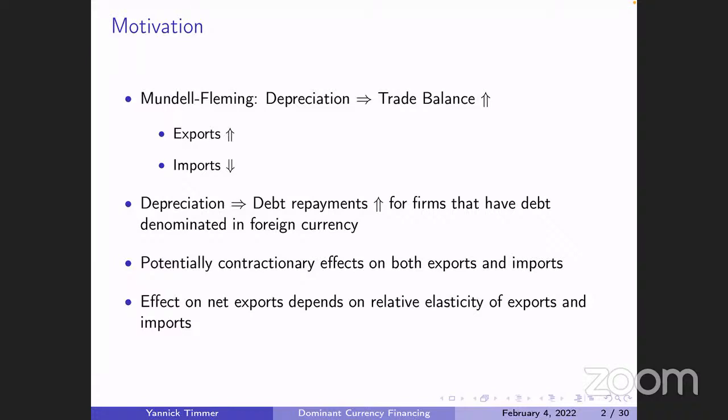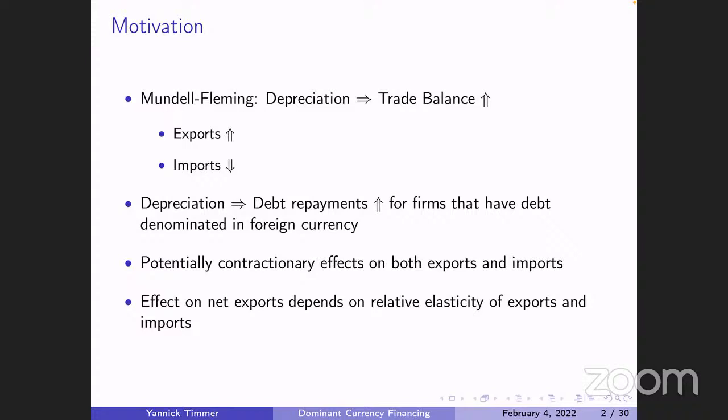However, a depreciation also increases debt repayments for firms that have debt denominated in foreign currency. For example, when a firm is borrowing in US dollars and the domestic currency depreciates against the US dollar, the debt repayments in domestic currency are increased only through this depreciation.